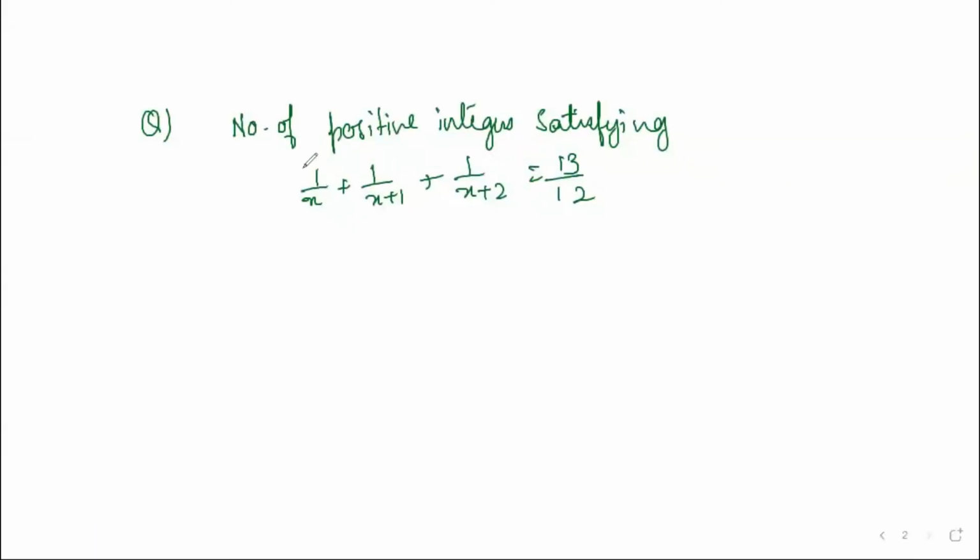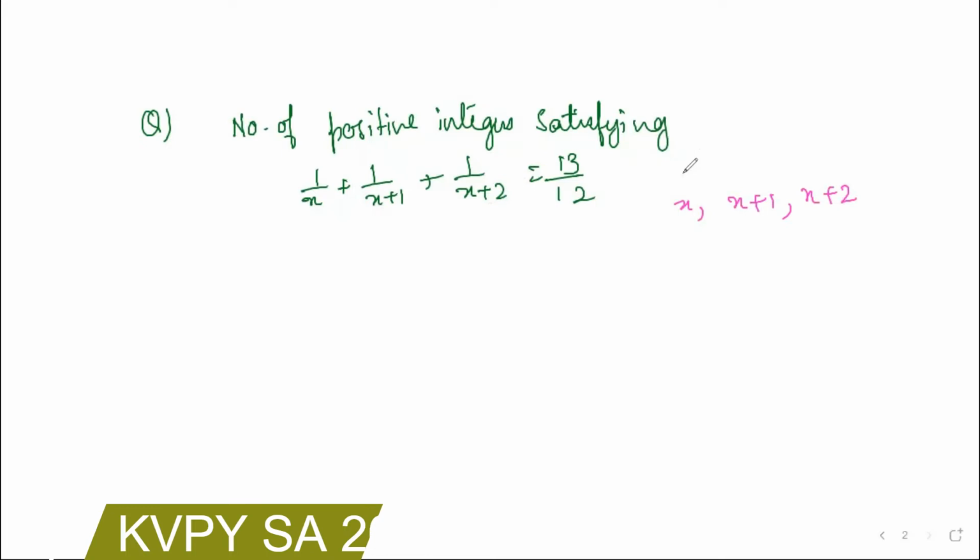The next question is the number of positive integers satisfying 1/x plus 1/(x+1) plus 1/(x+2) is equal to 13/12. So the LCM of three consecutive positive integers should come as 12.